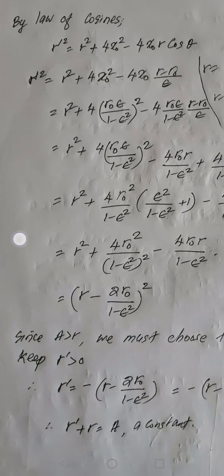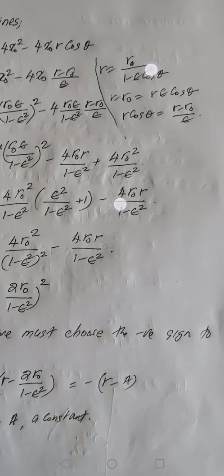That is the relation, r square plus 4x0 square minus 4x0 r cos theta. Now what I am doing is this one. We have r is equal to r0 by 1 minus epsilon cos theta. From that cross multiplying and rearranging, r minus r0 is r epsilon cos theta, or r cos theta is r minus r0 by epsilon. I am substituting r cos theta here.